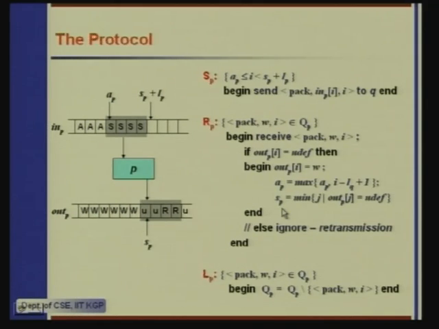And for every packet, SP may not increase also. For example, if the packet received was this one, then SP will still remain here. So, we are just recomputing SP to be the minimum J such that out P J is undefined, clear.